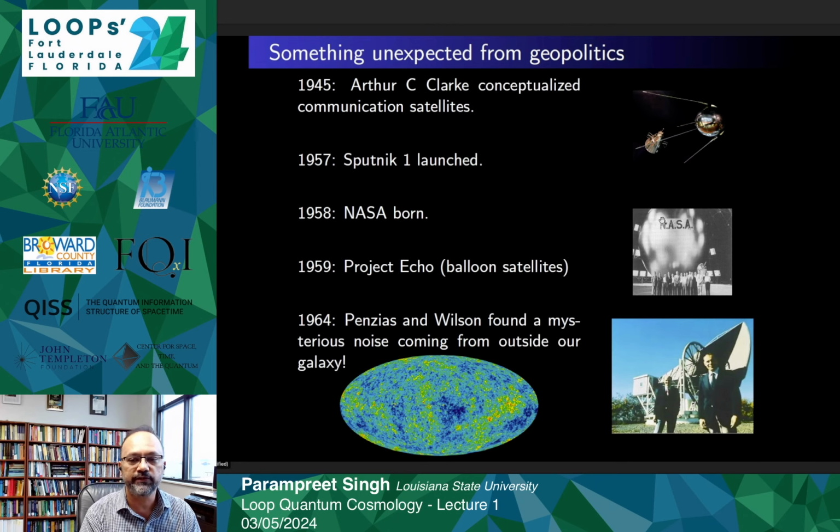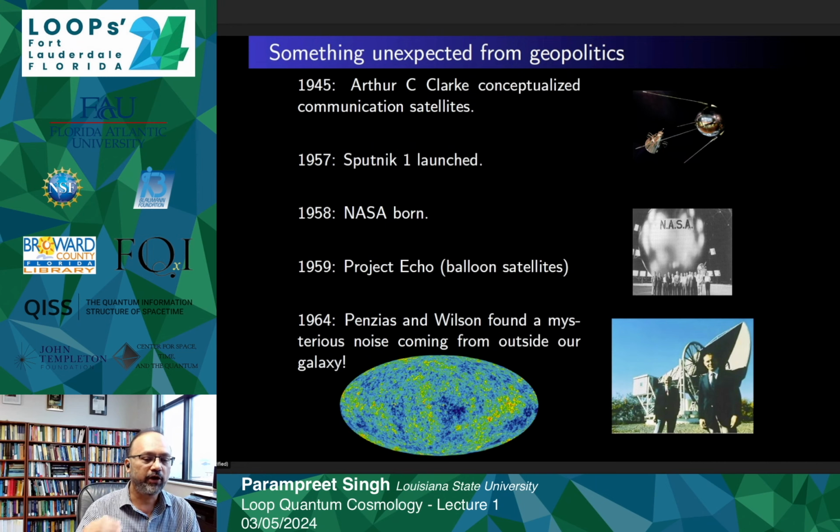In 1959, there was a NASA mission called Project Echo, in which they sent balloon satellites floating in the upper atmosphere, and communicated with big horn antennas, which you see in the back of these two guys, across the Earth. Penzias and Wilson, who are shown here, were trying to make these communications much more accurate and precise.